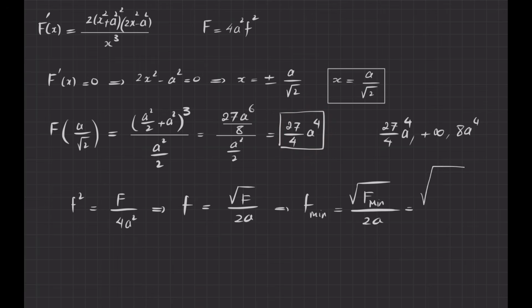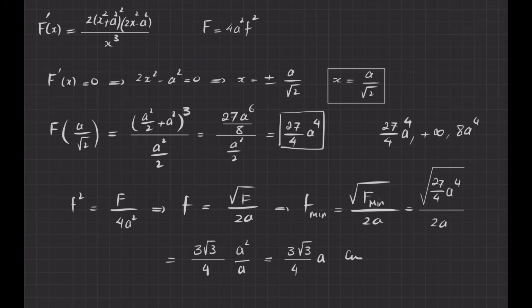So this becomes square root of 27 over 4 a to the power of 4, divided by 2a. Let us simplify that. Square root of 27 is 3 square root of 3, square root of 4 is 2, which will be multiplied by another 2 in the denominator. Then I will have a squared, and then a in the denominator. So it becomes 3 square root of 3 over 4, times a. And of course the unit is centimeters, so that is the minimum value for the fold line.